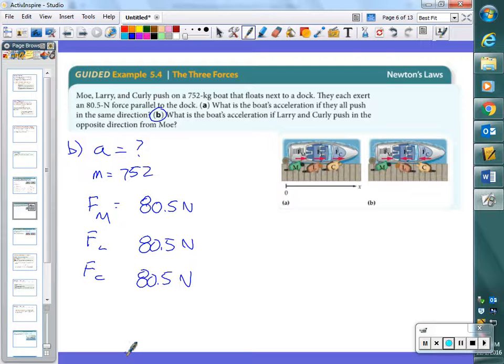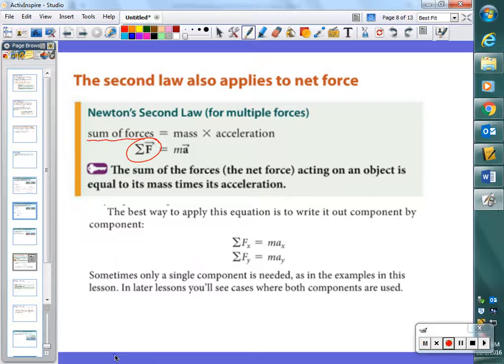But it tells us there's a direction change here, right? It says that Larry and Curly push in the opposite direction of Mo. How do we represent something that's going in the opposite direction? Negative sign, right? So here, we would represent Mo's force as positive, but Larry and Curly's forces would both be negative. The net force idea says we're summing all the forces.